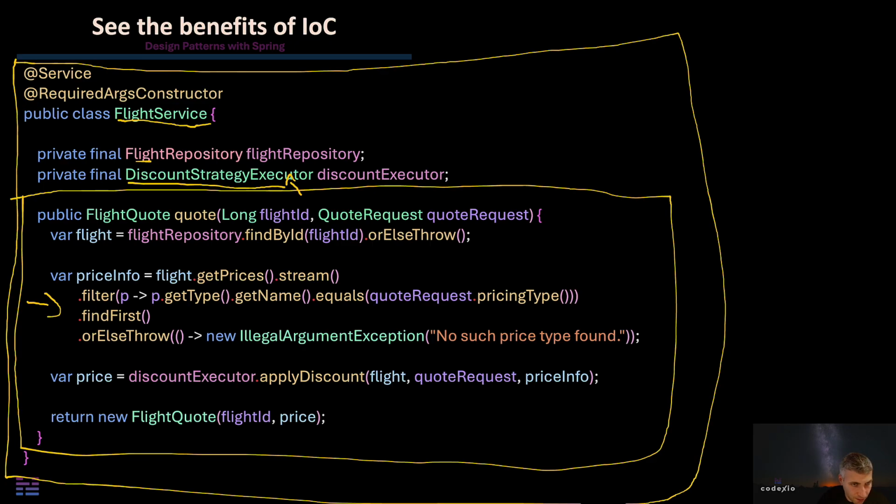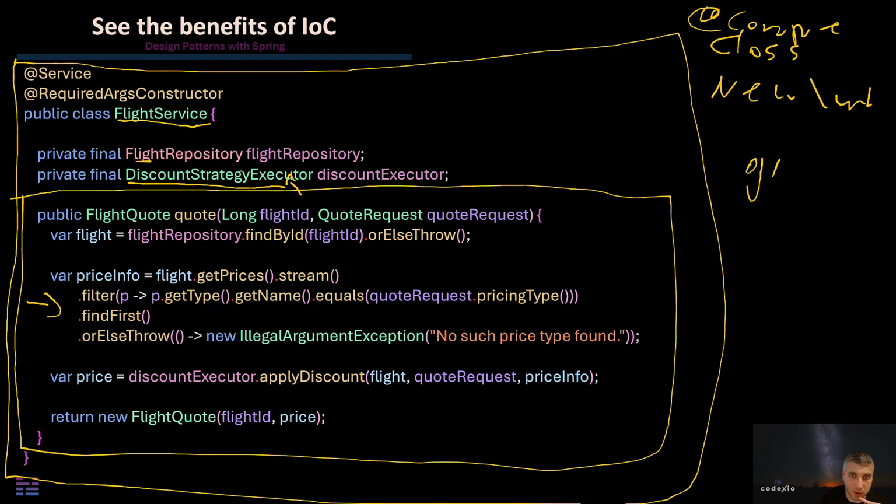If you need a new rule, you just create a new class, new rule. You say, okay, it's a component. You implement the discount strategy. You say, okay, my grouping priority is this one. It's, let's say, 35. My inner priority is 10. And then you have a new rule.